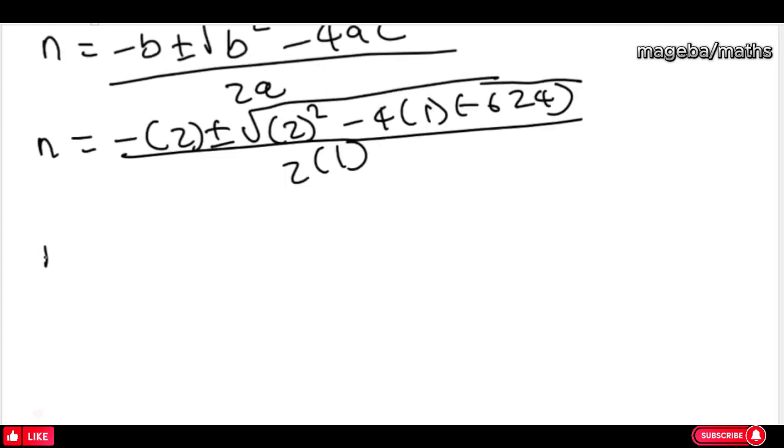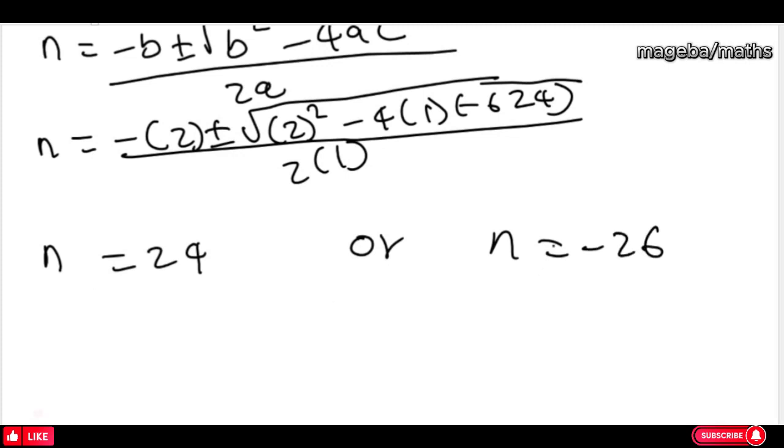So my first n is equal to negative 2 plus the square root of 2 squared minus 4 times 1 times negative 624, all over 2 into 1. Then my first n is 24. Then my second n is negative 26.